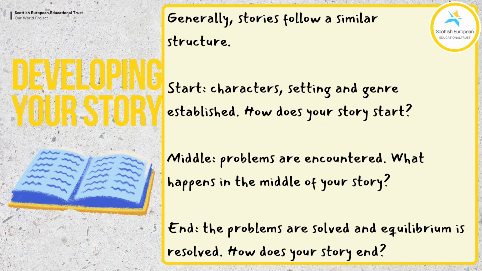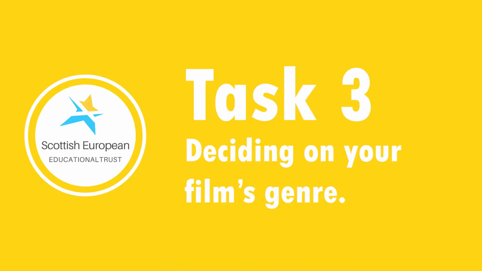And the middle is often where some sort of problem is encountered. So what happens in the middle of your story? Generally, the end of a story is where the problem that the character has encountered in the middle of the story is solved, and some sort of balance or equilibrium is resolved. So, how does your story end?